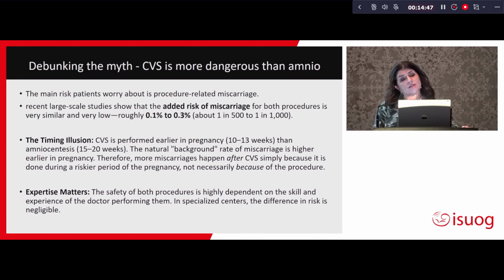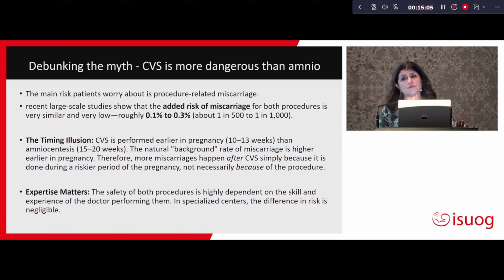Also, we get a lot of patients coming and saying they avoided having a CVS because CVS is far more dangerous than amniocentesis. So they delay invasive diagnosis because they think they're actually protecting their baby by waiting for an amniocentesis. And this is information they've been given by their doctors.